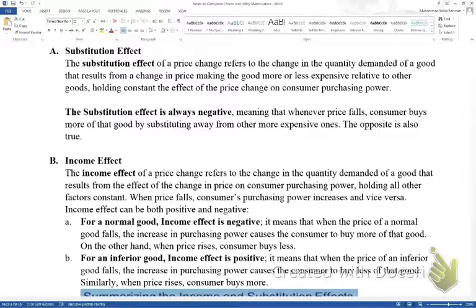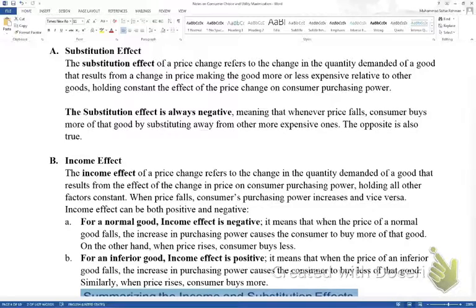So the idea is like this. Our substitution effect tells you that whenever price changes, if you keep the purchasing power unchanged, because by the way, whenever price changes, your purchasing power will change. We're going to talk about that in a minute. But if you can keep that constant, then there is a certain way our consumer should respond to these price changes.